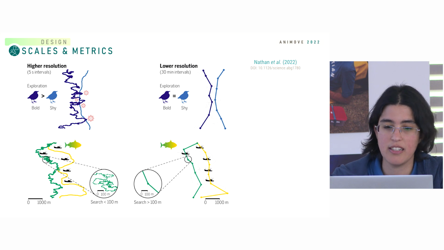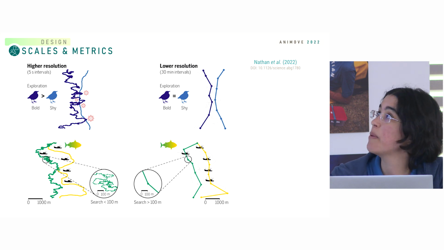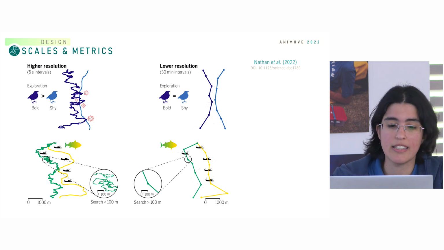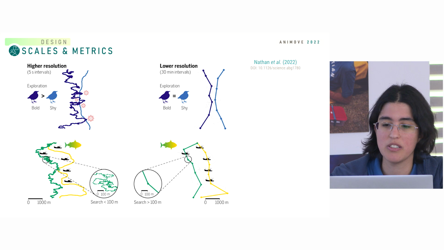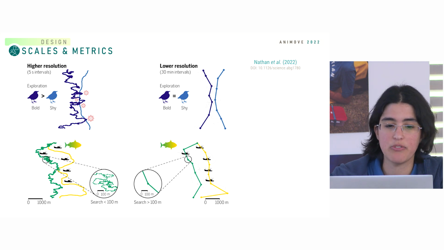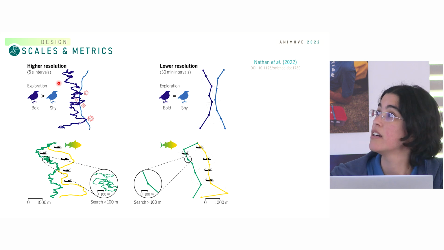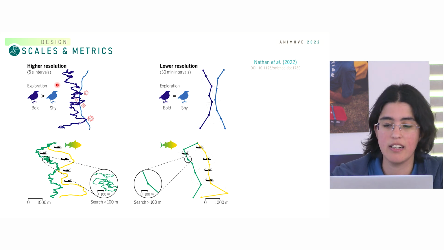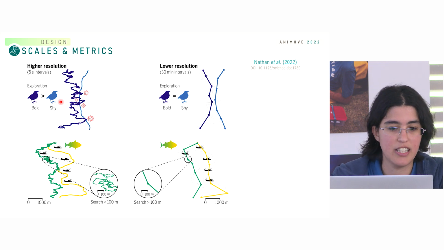This is an example from a paper in Science from Nathan 2022 that goes into a lot of detail about what we can do with the big data coming out of movement ecology. Here the question was: are shy birds less explorative than bold individuals?